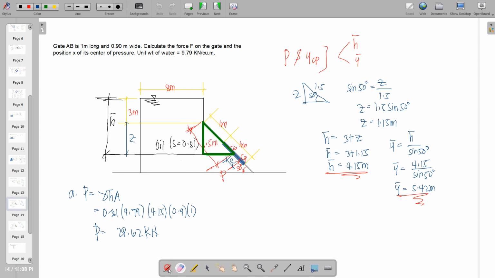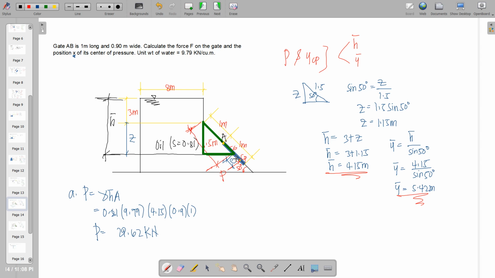And then by the way, class, from our original figure, one of the unknowns is the position x from the center of pressure. So if this is the center of pressure, x is labeled up to point A. Sorry, I was not able to reflect that a while ago.